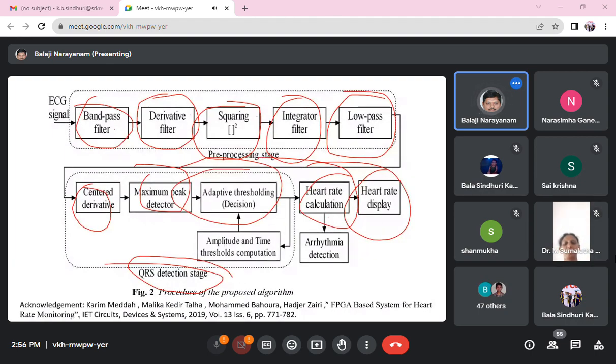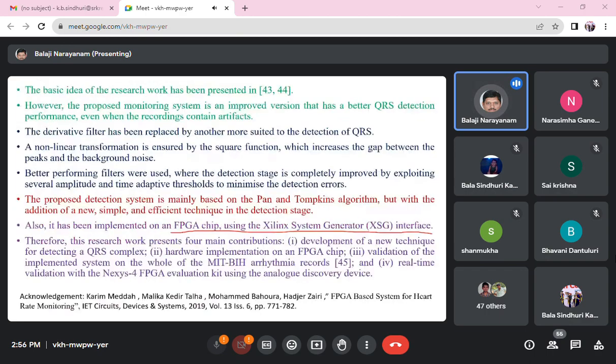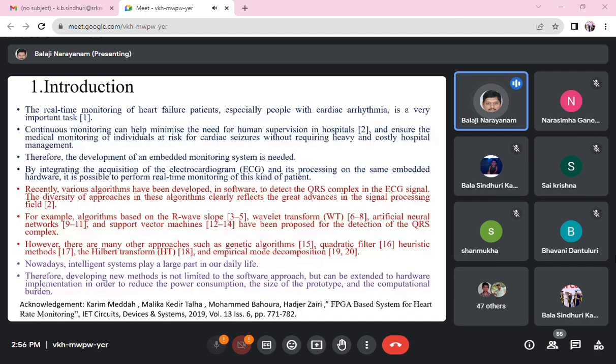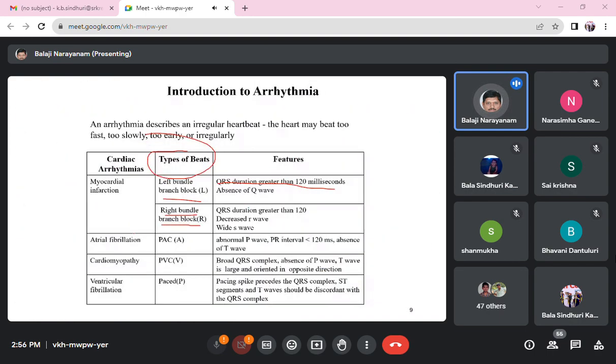And here, after the calculation of the heart rate, you are able to detect which kind of arrhythmia it is. We already discussed the arrhythmia types: myocardial infarction, AF, which is atrial fibrillation, cardiomyopathy, and ventricular fibrillation.